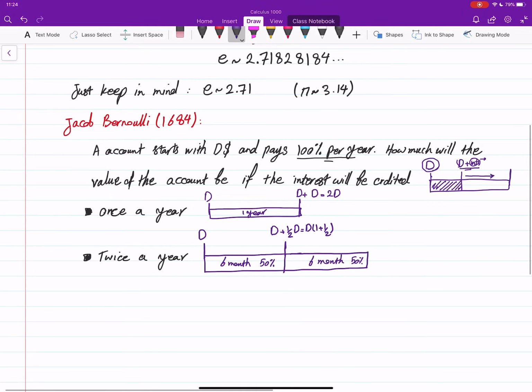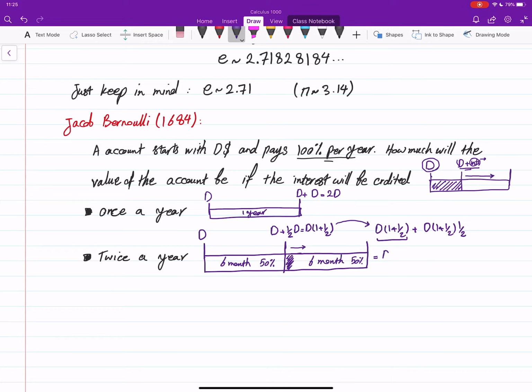Well, if we then go into the second 6 months, now D times 1 plus half is the initial value for the second 6 months. From this point on, we have D times 1 plus half, and at the end of that second 6 months, we are going to have this initial value plus half of that, which is this number. Means what?